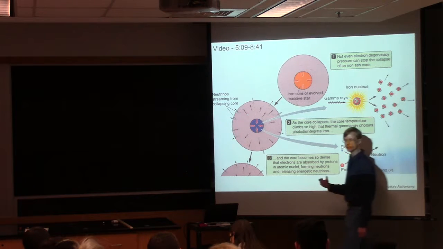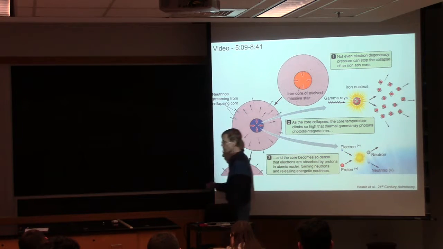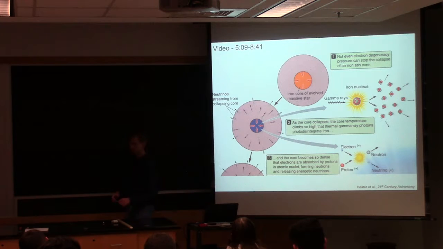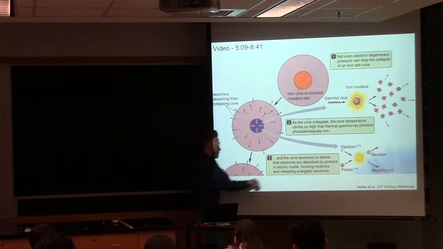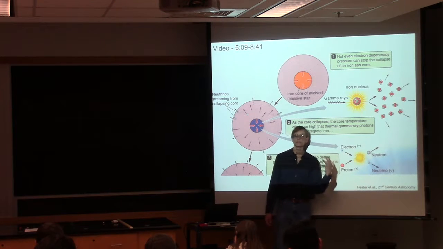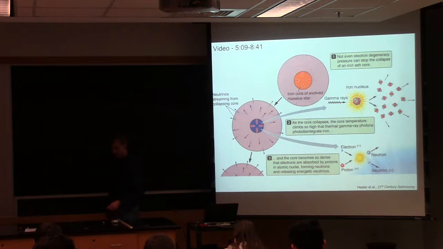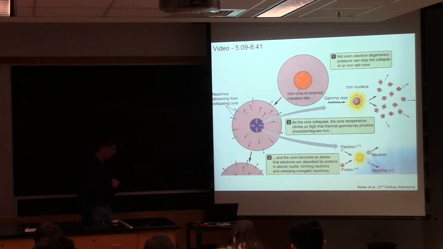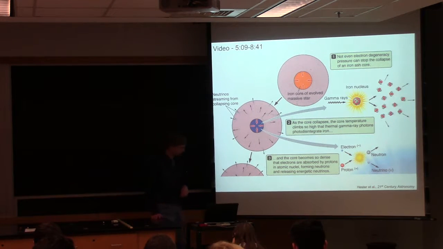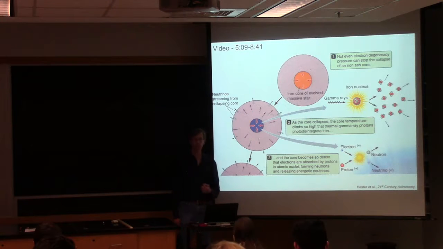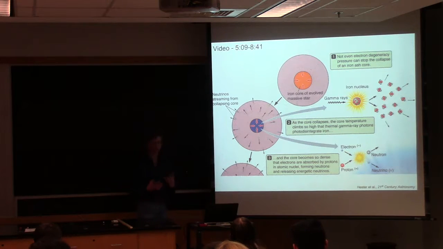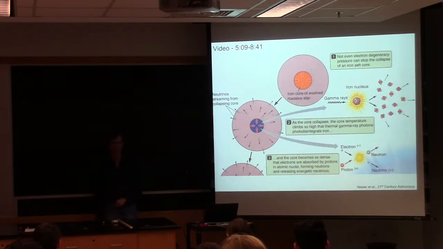So neutronization is what turns the iron core into a neutron star. Electrons in the core combine with protons in the core, turning them into neutrons. That ball of neutrons is the neutron star. That's where the neutrons came from: the neutronization when the core is collapsing, the electrons combining with the protons.